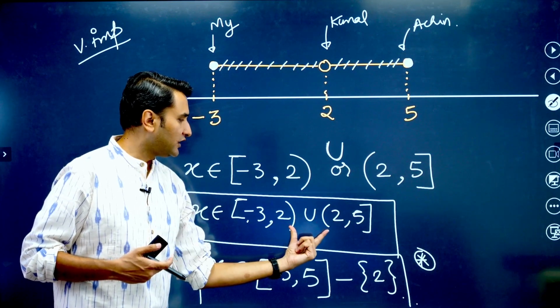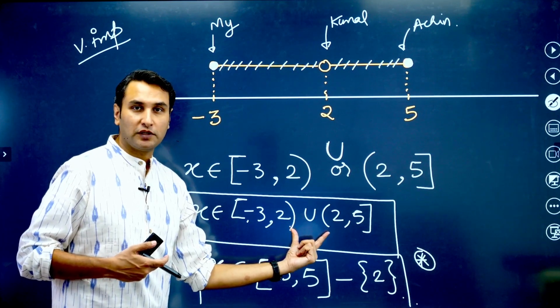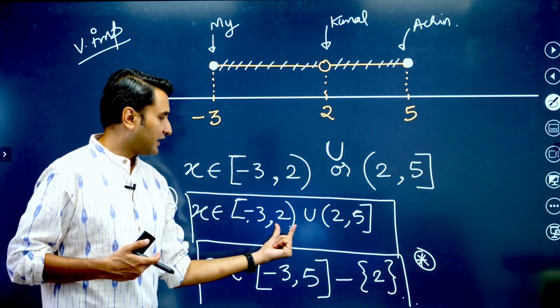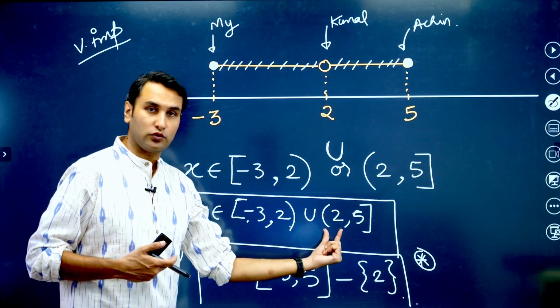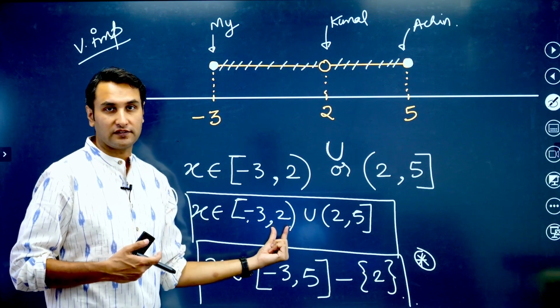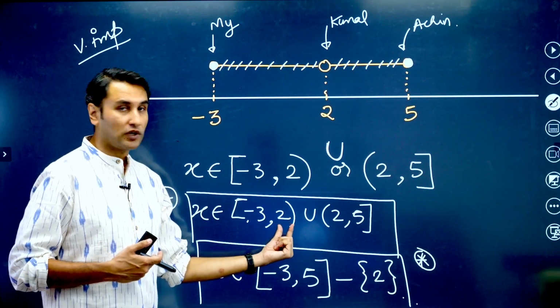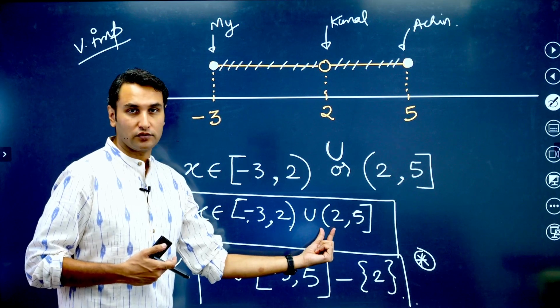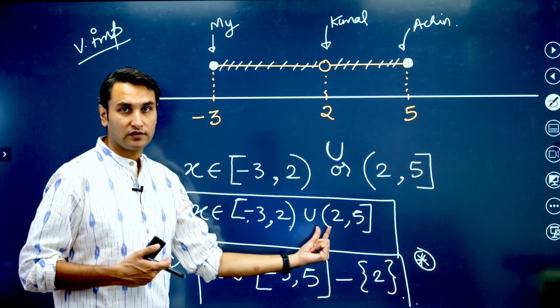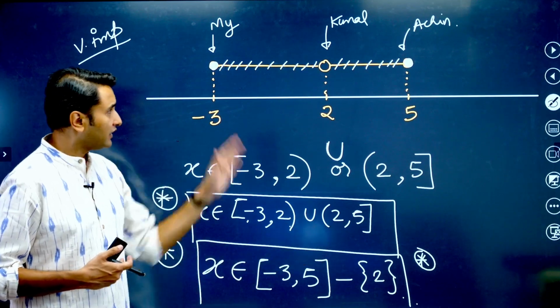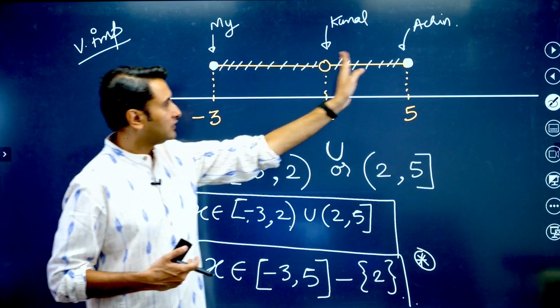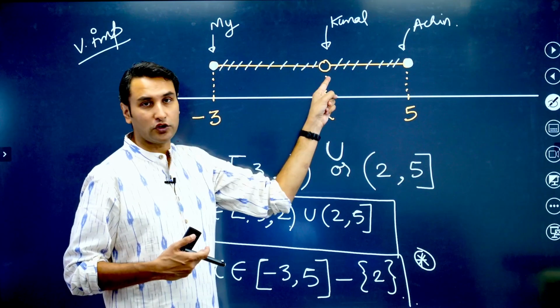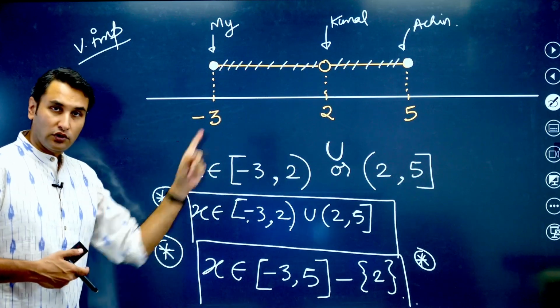Do you realize we didn't include 2 in both the intervals? I didn't include 2 here, I didn't include 2 here. So open interval on both the sides. I didn't enter Kunal's house. Right? Clear? So this part or that part, without including 2.